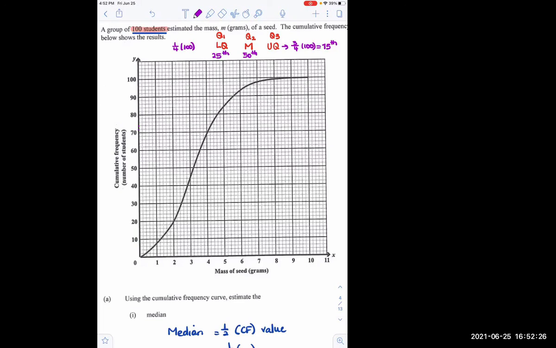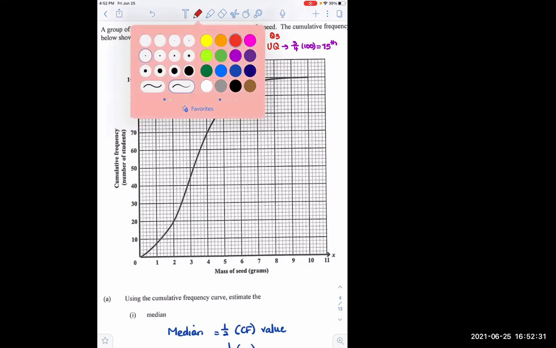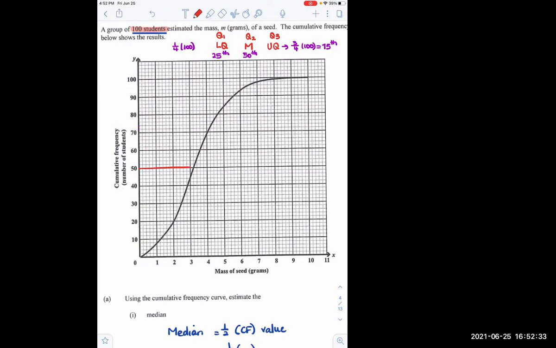So we go into our graph and find the 50th value. We're going straight across and coming downward here, so this value is 3.2. Then we go to the 75th value, straight across and downward, and this is roughly 4.3.